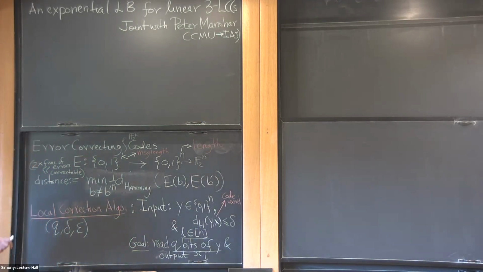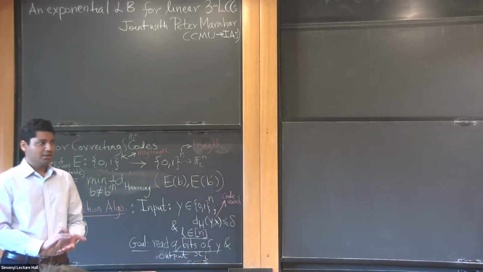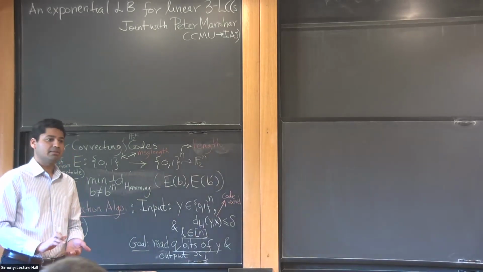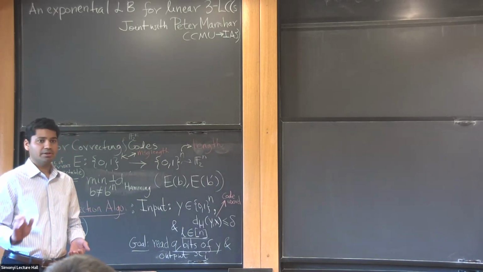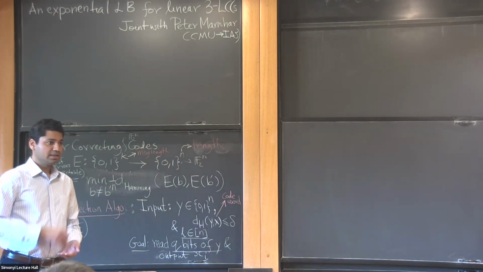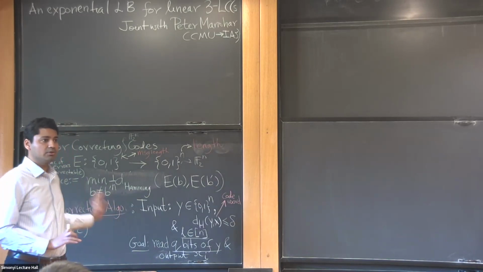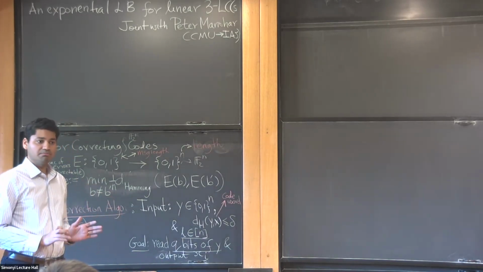Excellent. Just want to stress, for people who may not have seen this before, the only randomness here is the algorithm's random bits, okay? Nothing else is random. The input is a worst case corruption of a code word X. It's a worst case bit i, okay? The algorithm tosses random points, and the only cause of failure is some bad randomness, okay? Good.